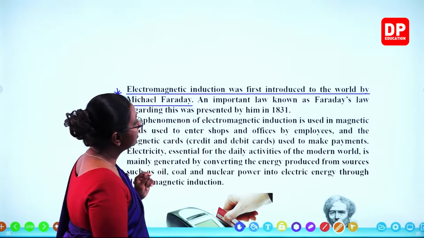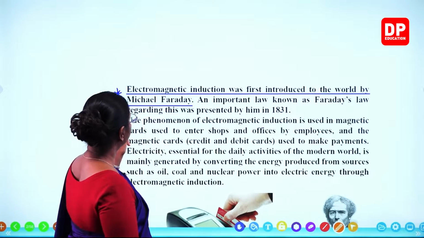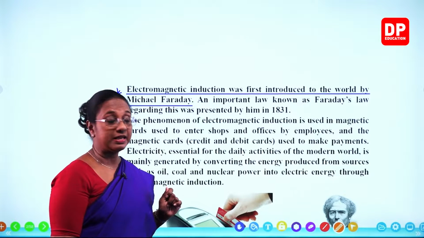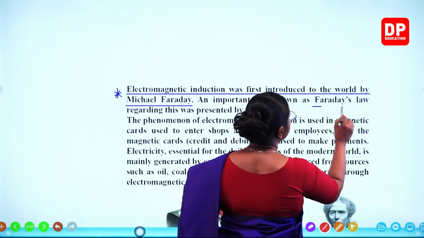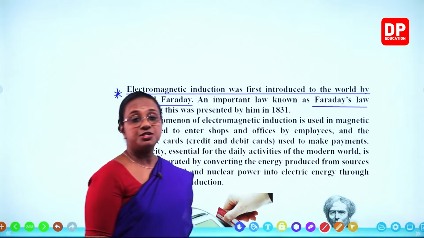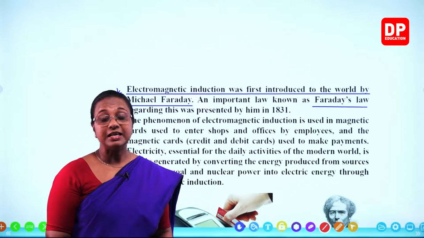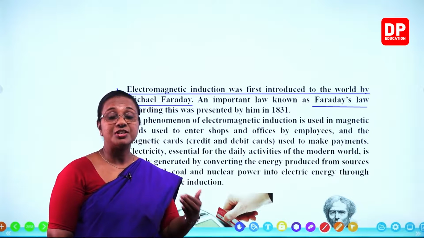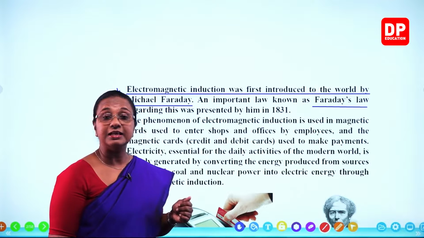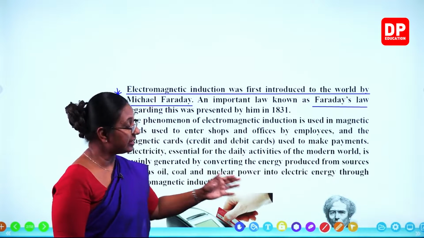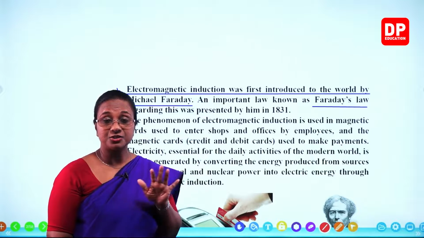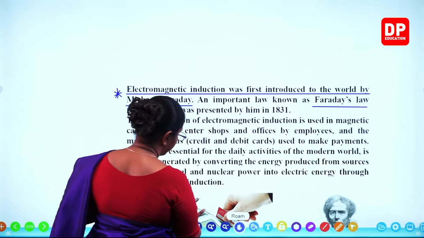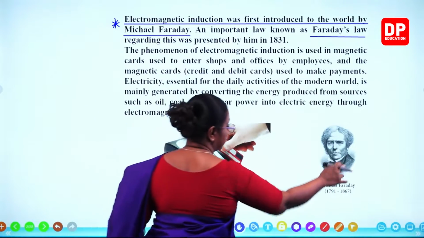An important law known as Faraday's law regarding this was presented by him in 1831. This Faraday's law is related to calculations related to electromagnetic induction. So, you can see his picture here.